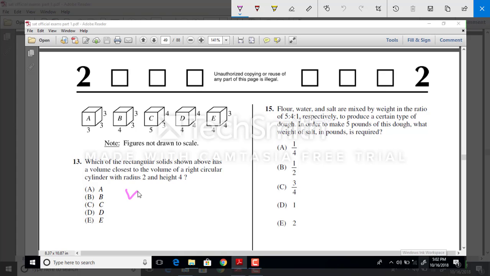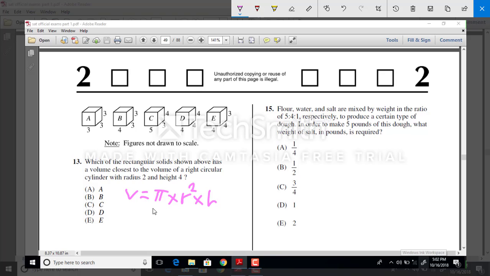The rule is the area of the base of the cylinder, which is the area of the circle, of course, which is pi r squared. When we multiply it by the height, we will get its volume. Pi r squared times height.